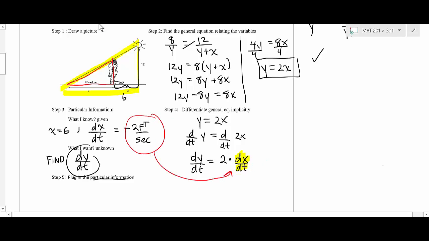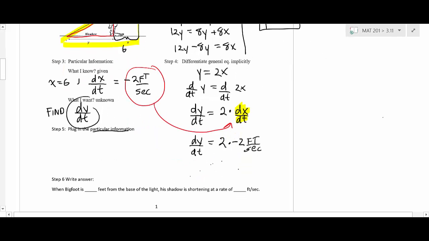So what you would have is dy over dt is equal to 2 times negative 2 feet per second, like that. So then the solution to that problem is you would have dy over dt, that's the rate that Bigfoot's shadow is changing, is negative 4 feet per second. That's what that represents.